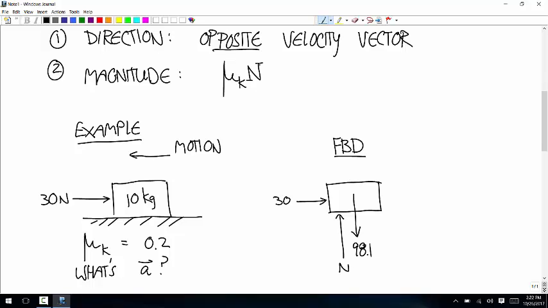We don't know what that is, so I'll call it N. And then the last thing is the friction force. Do we know what direction that's going to go? It's going to go to the right. Yep, it has to be opposite the direction of motion. So I'll draw this over here. And the magnitude we know is going to be 0.2 times N. So I'll just put it in like that.